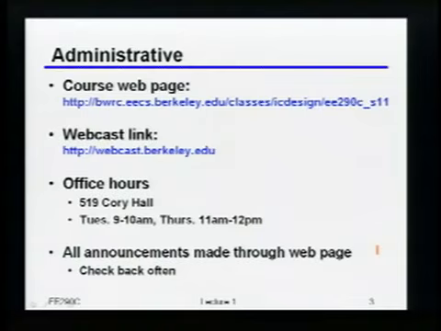If I start seeing that the numbers are dwindling steadily at an exponential rate, so that we've only got 1 or 2 people left in a week or so, I'll take some drastic measures, like come to your house and knock on your door, or delay the webcast by a couple weeks or something like that. Bottom line, I know it's late in the afternoon and it's sleepy time, but please do try and be here because I promise I'll try and keep it fun and exciting, so it'll be worth your while.